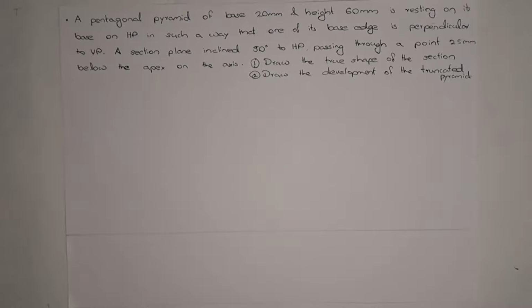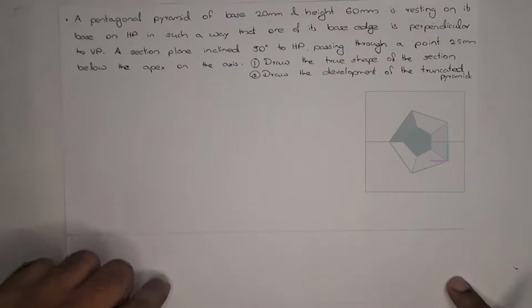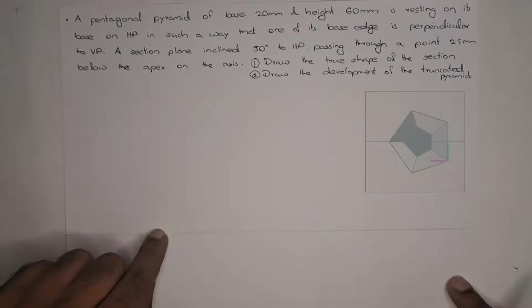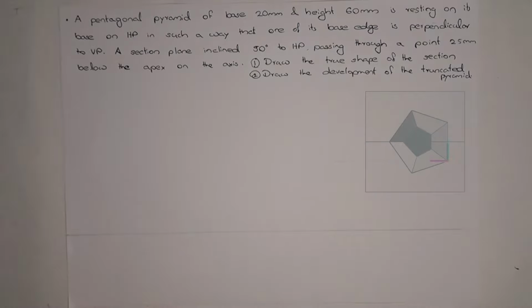So we can start with the pentagon. We place the pentagon over here and one side is perpendicular, so at first we have to draw the perpendicular line.